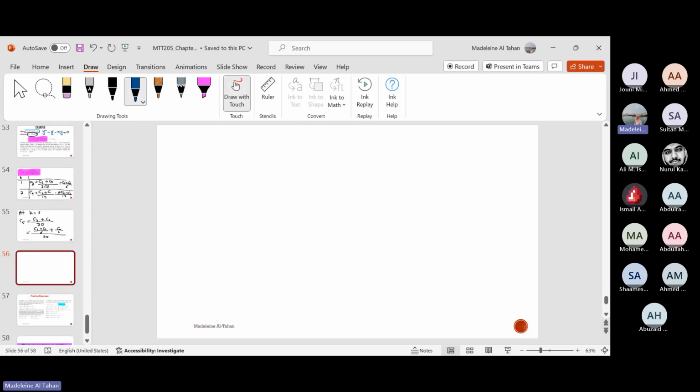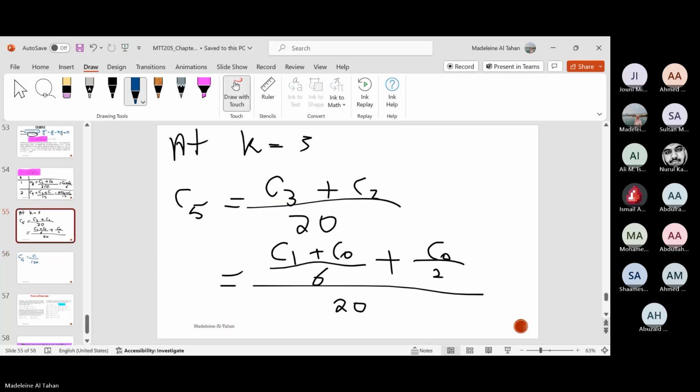We need to write it in terms of C1 and C0 in a better form. So we will get C1 over 120, and C0 over 120. Here C0 over 6 and C0 over 2, so we'll get C0 over 6 plus 3, which is 2C0 over 3.